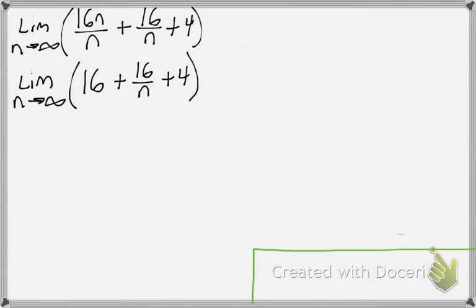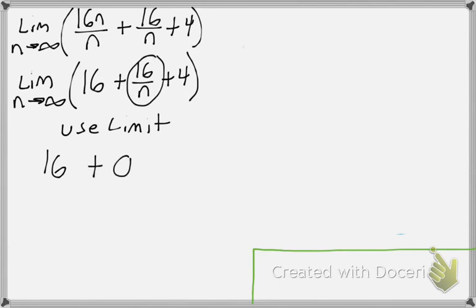Finally, I want to use the limit, because as n goes to infinity, I want an infinite amount of rectangles. So this will be 16 plus 0, because 16 over infinity is 0, plus 4, and this is equal to 20.